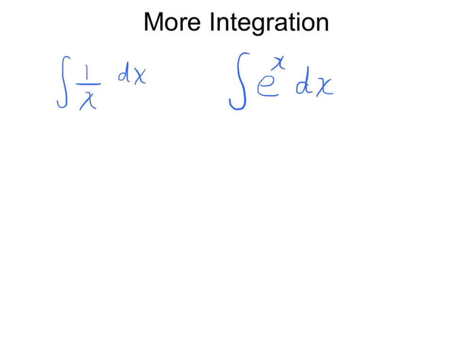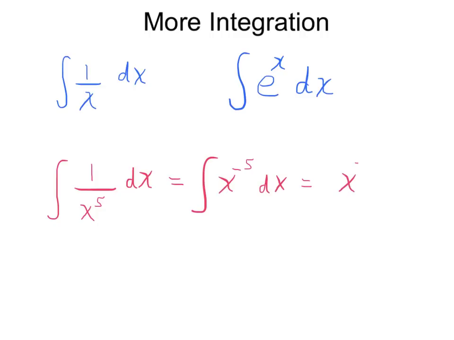Let's say I wanted to integrate 1 over x to the 5 dx, which is the integral of x to the minus 5 dx, which integrates to x to the minus 4 over minus 4 plus c, which is minus x to the minus 4 over 4 plus c.